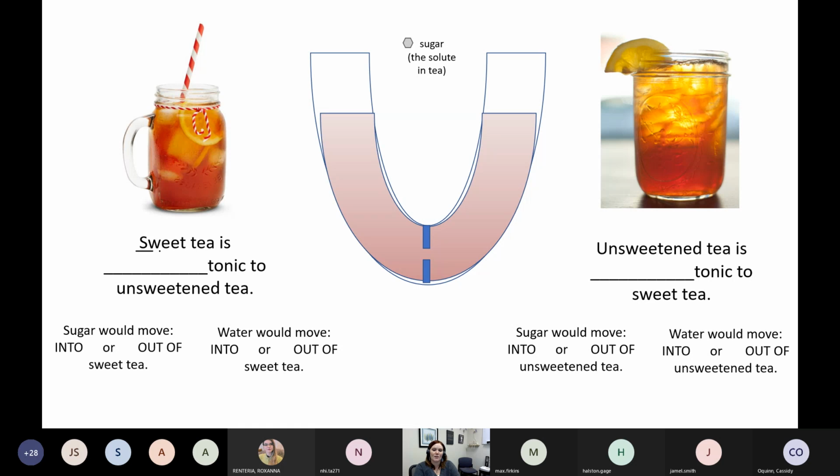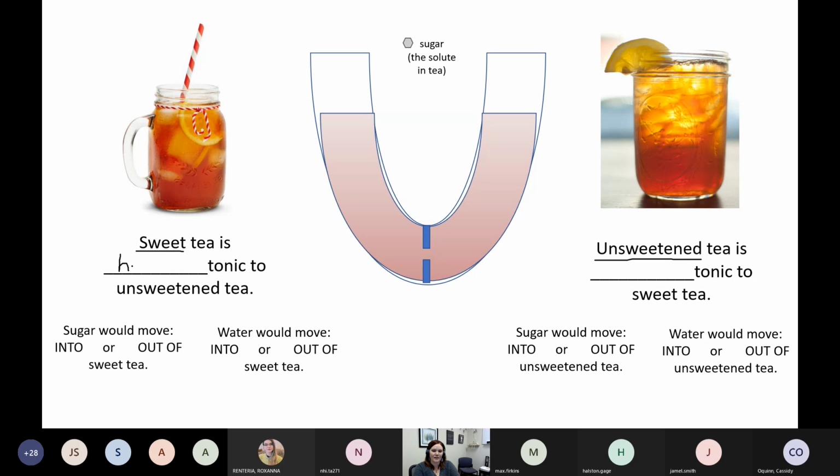We've already talked about this, but we'll do a quick review. When I'm talking about sweet tea and unsweetened tea, was it sweet tea or unsweetened tea that we said was hypertonic? Hypertonic. Who has a higher concentration, basically? Yeah, absolutely.